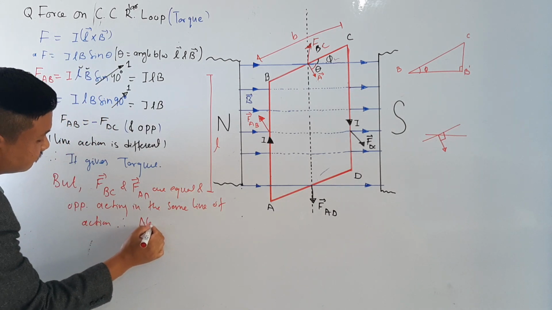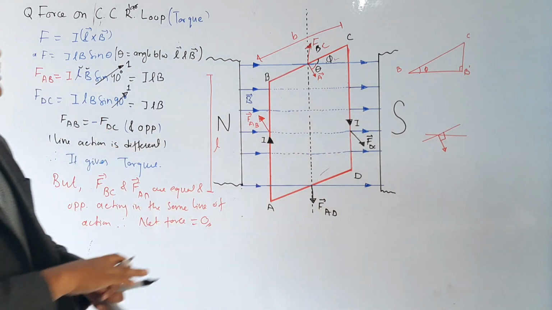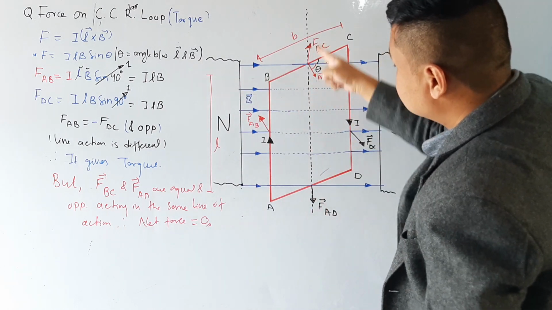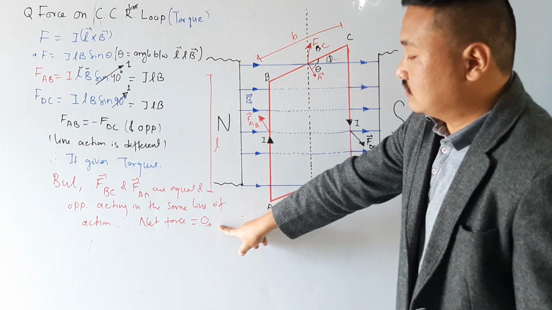Therefore net force is equal to 0. Okay, so this will go upside, this will go downward, and they are acting in the same line, so they will cancel. The net force will become 0.